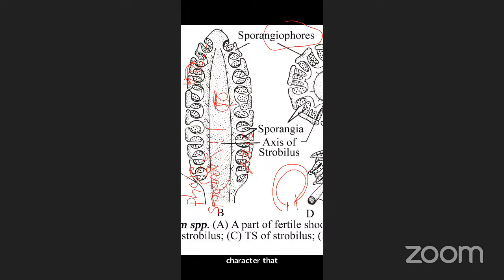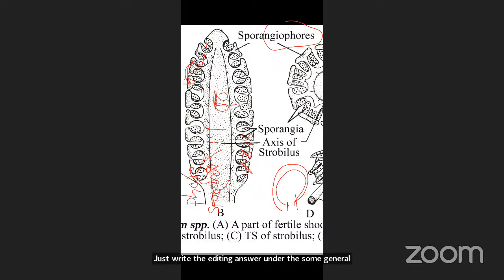If you don't have enough time to prepare, just select the general characters. If they ask about Anthoceros, just write the heading Anthoceros and write some general character, general points.